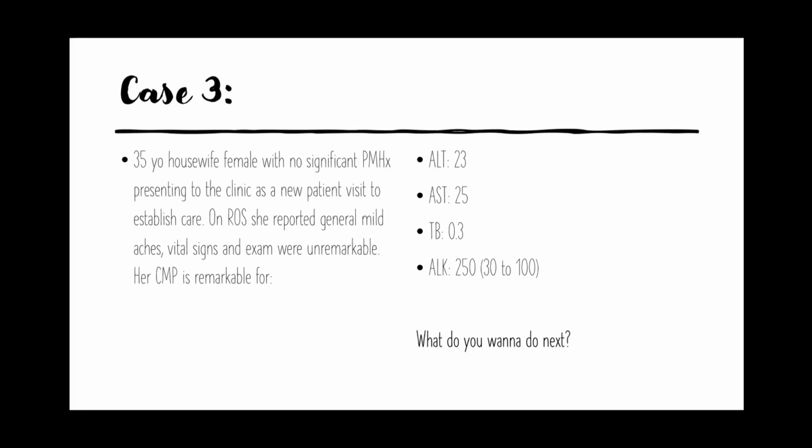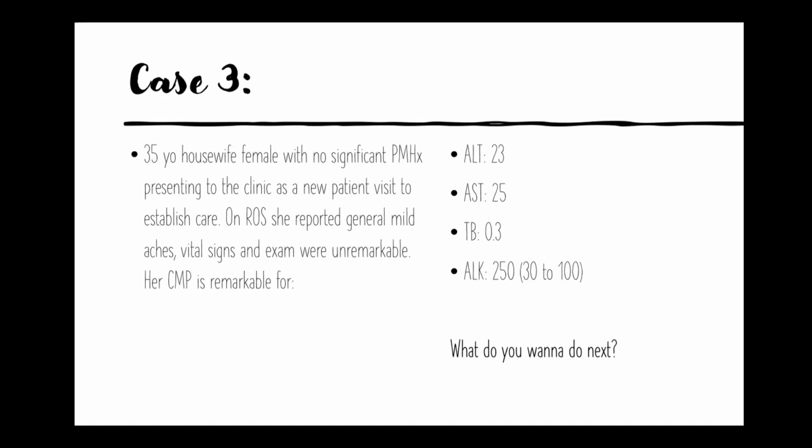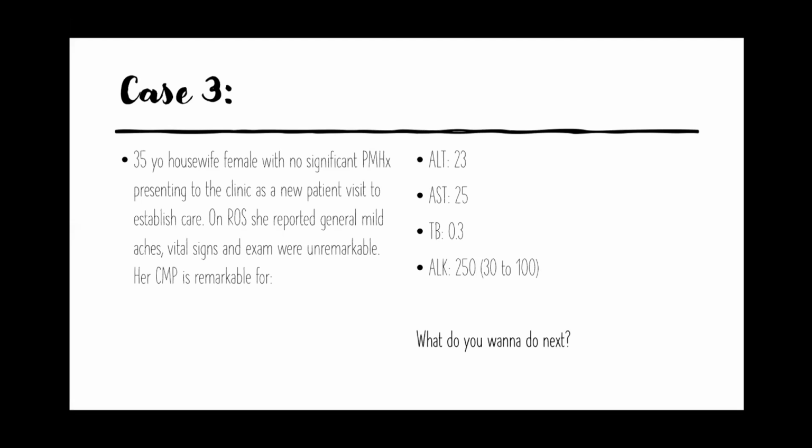Okay, so what do you want to do next? In this case, you can have elevation of ALP from biliary pathologies, but also from non-biliary diseases. I think a basic workup initially, and GGT to differentiate it.